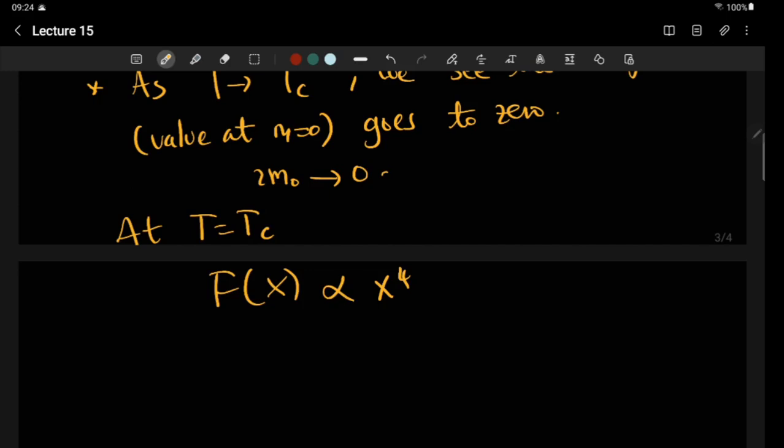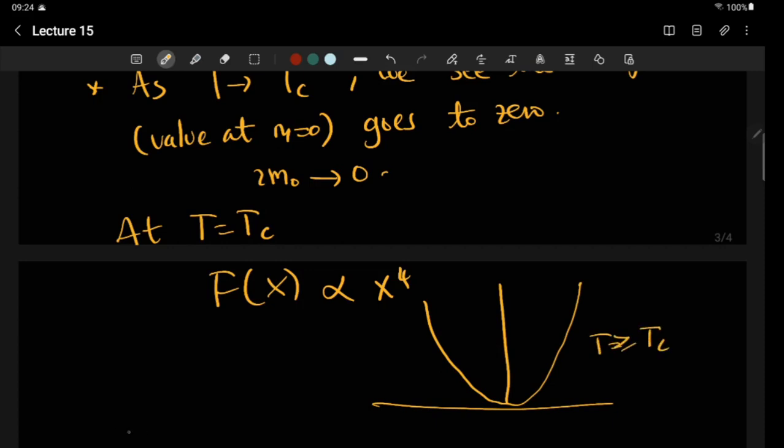Is this clear? If you plot that function, it has a nice single minimum. So this is what is happening. The general setup is that for t greater than or equal to tc, it will look something like this, and at t less than tc, you get this here.